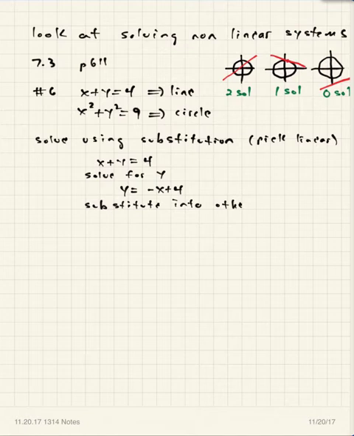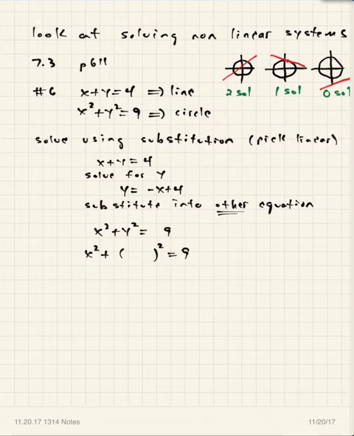Always the other equation. Never the equation that you started with. Okay, so I take my other equation, x squared plus y squared equals 9, but in place of y, right here, I substitute what I found y to be, and that was that y was negative x plus 4.